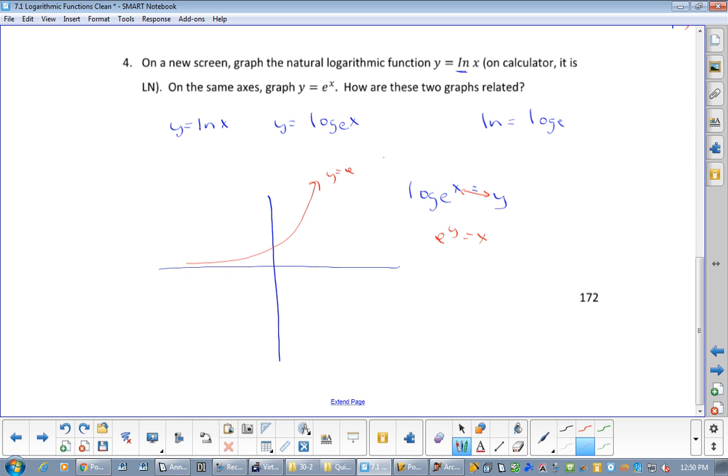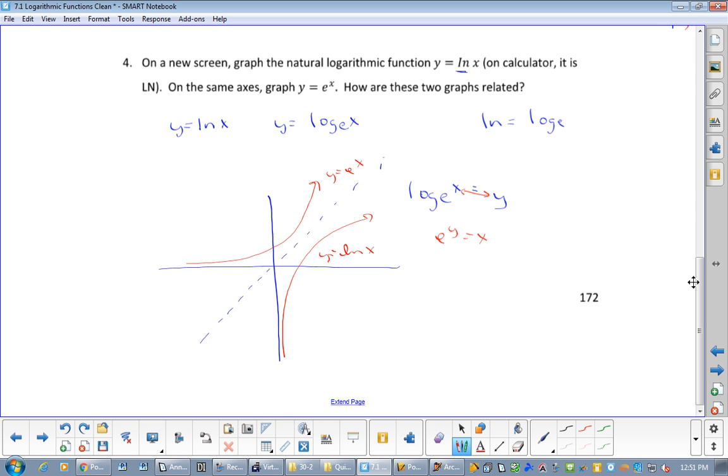This is what you need to know. y equals e to the x, and this is y equals ln x. So I needed to talk to you about that e because we knew the other two, 10 to the x and log 10 of x, were mirror images.